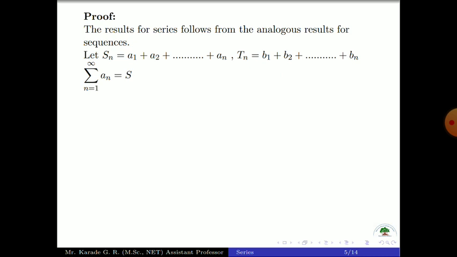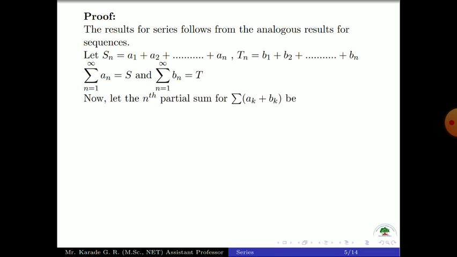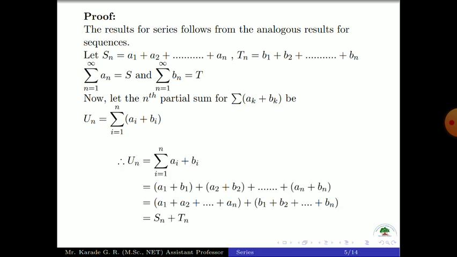And suppose series an converges to S, meaning series an is equal to S, and series bn converges to T, meaning series bn is equal to T. Now let the nth partial sum for series ak plus bk be un, equal to summation ai plus bi, i runs from 1 to n.